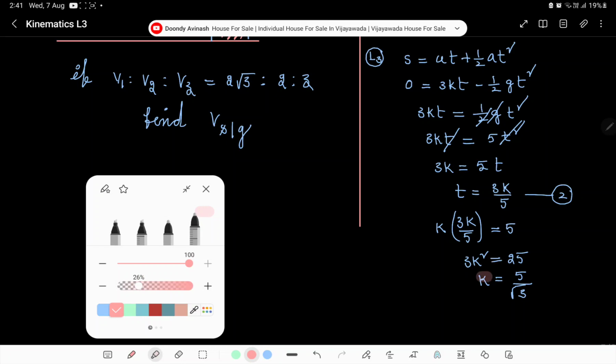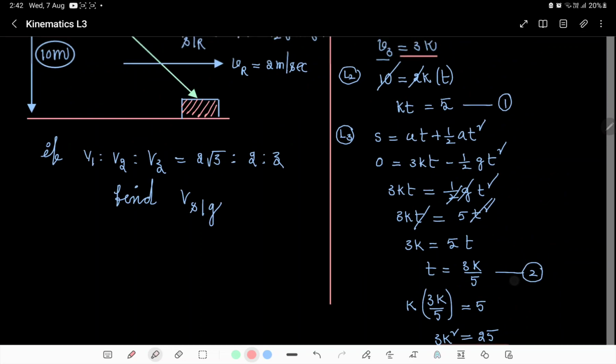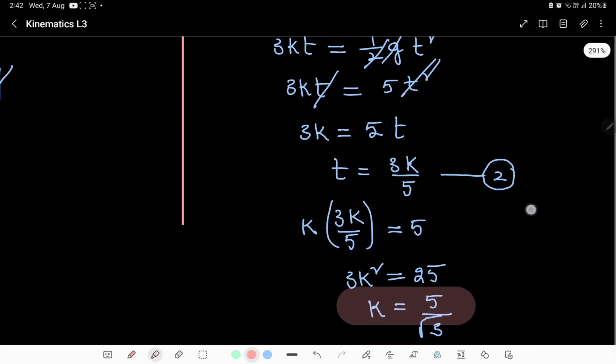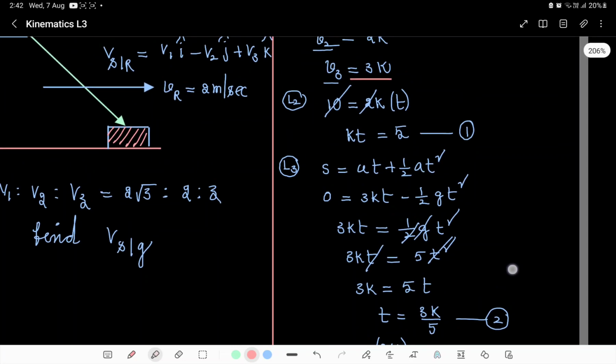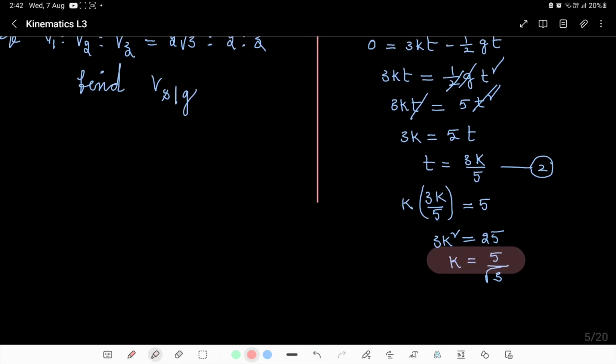That is what we get for k. Now substitute this k value here in order to find the velocities. So v1 equals 2 root 3 into k, which is 5 by root 3.